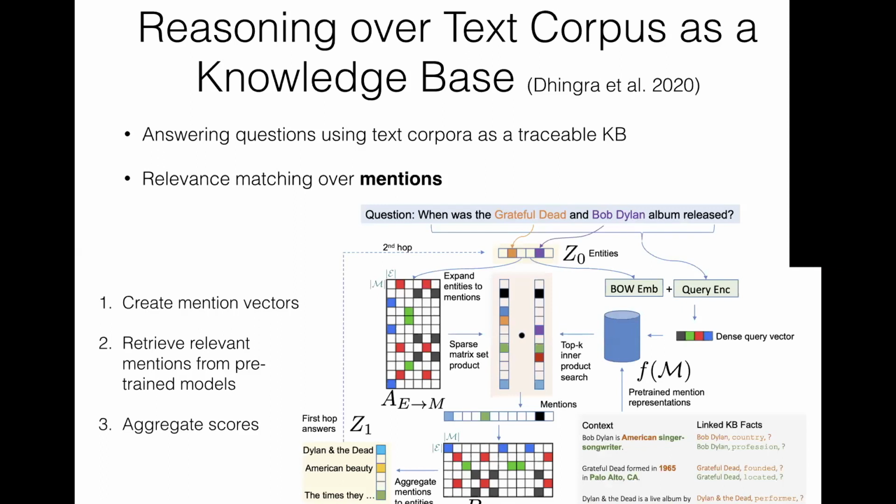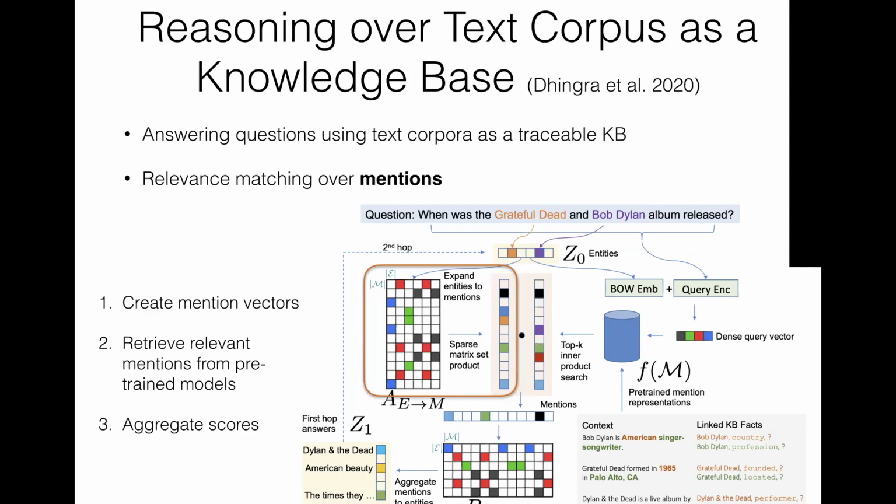The figure may look a little complicated, but if you look from the top through the highlighted rectangle, first you have a question: when was the Grateful Dead and Bob Dylan album released? From here, you first run an NER and an entity linker to get the Grateful Dead and Bob Dylan entities.